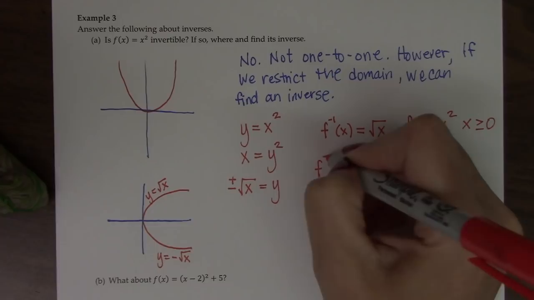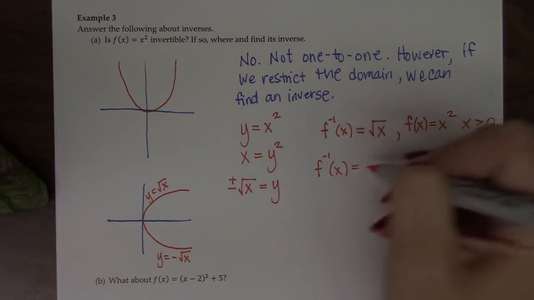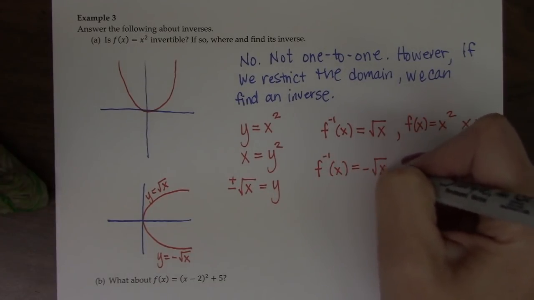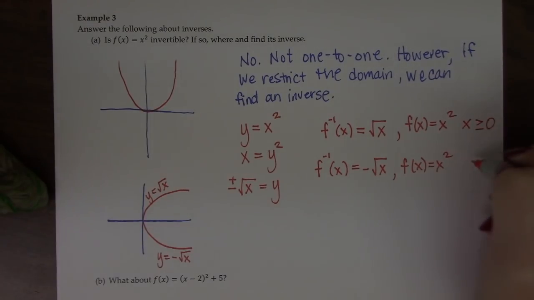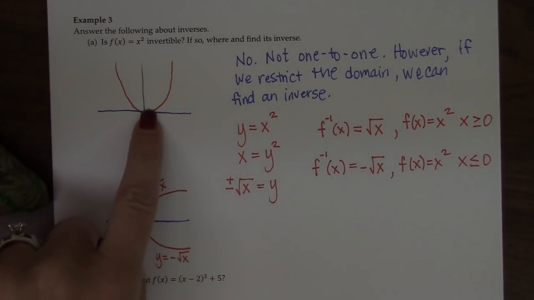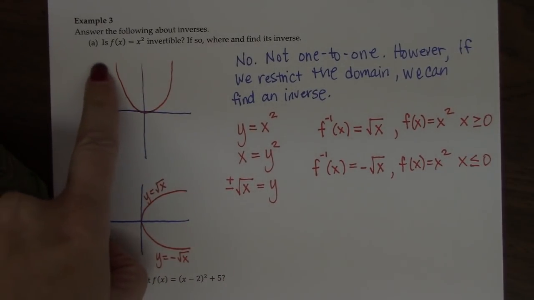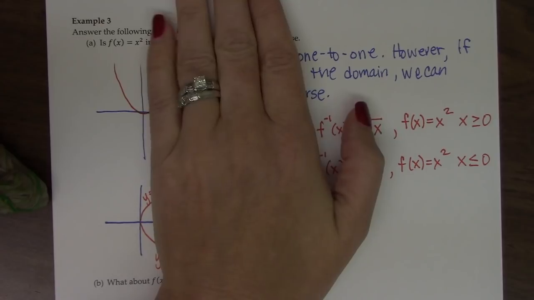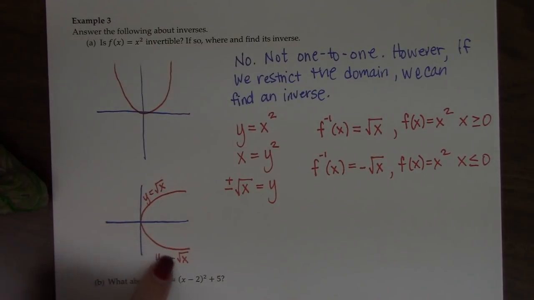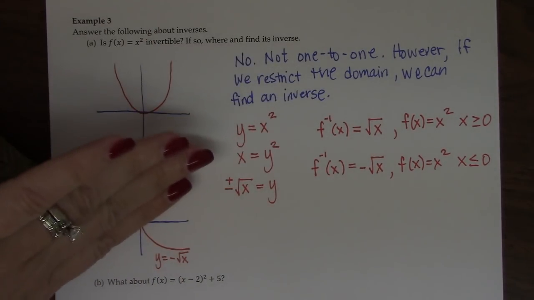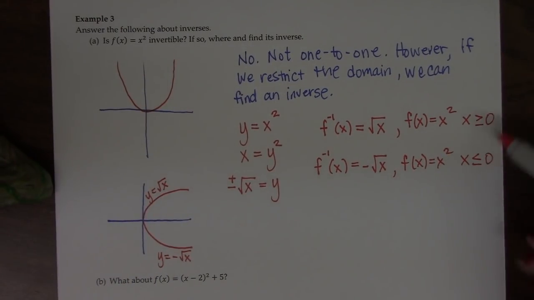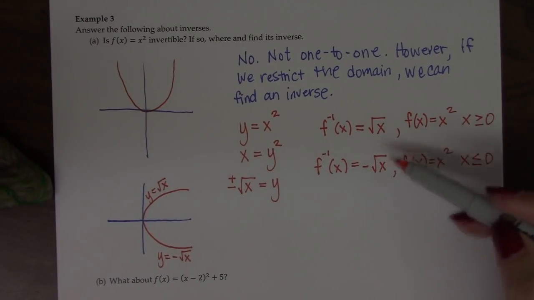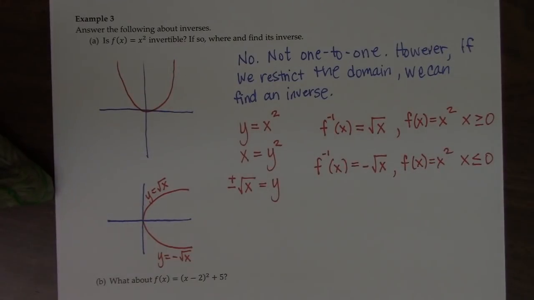Conversely, we could only accept the left side, if we restrict the domain to the left side. If we only looked at this side, this would make it a 1-to-1 function, and its inverse generated would be the bottom half, and if we only took the bottom half, we could see it would be a function. So by doing a domain restriction, we could find an inverse, but on its own, it is not going to be invertible.